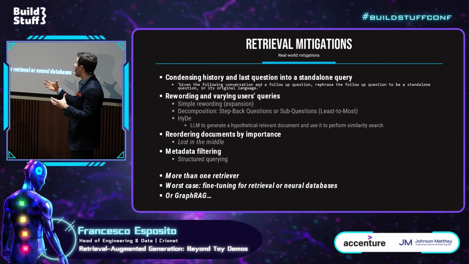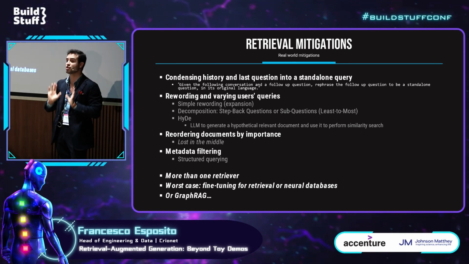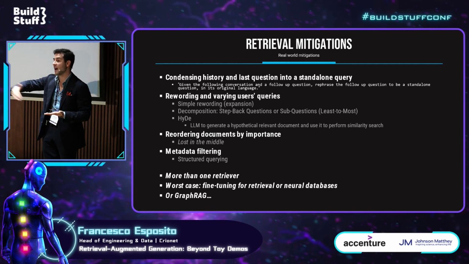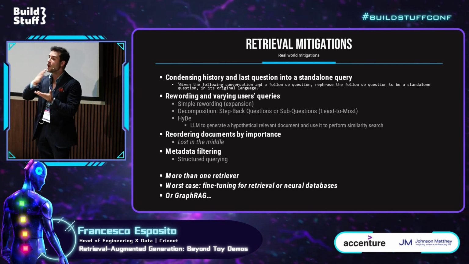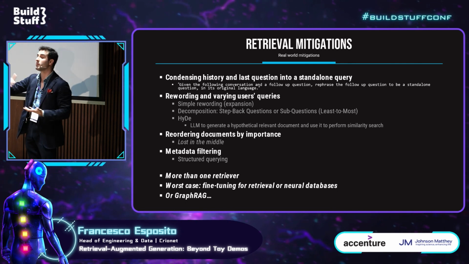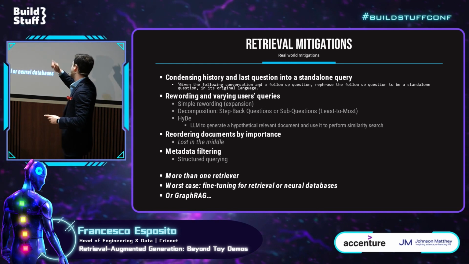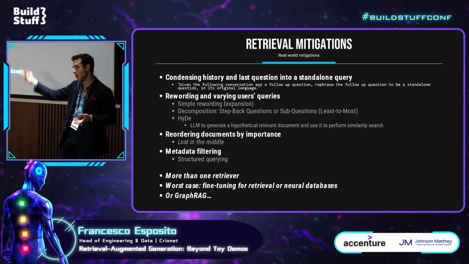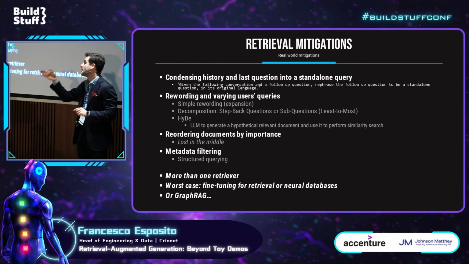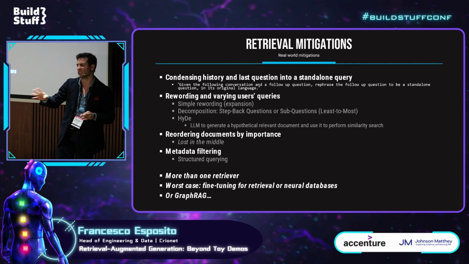But we can also involve more complex approaches. One is a step-back question, so it tries to generalize the original question and goes to the retriever asking for different questions, starting from the user's question, going to a more general question. Or sub-questions, which is least to most, it's exactly the opposite. Or HyDE. HyDE stands for hypothetical document embeddings.